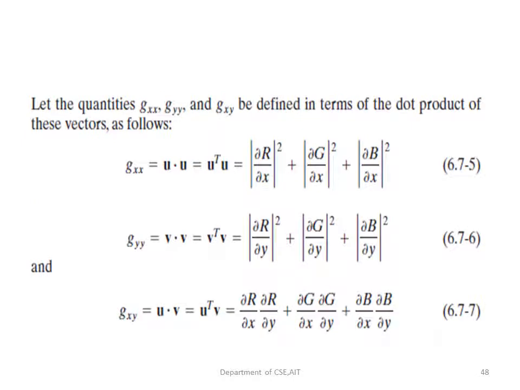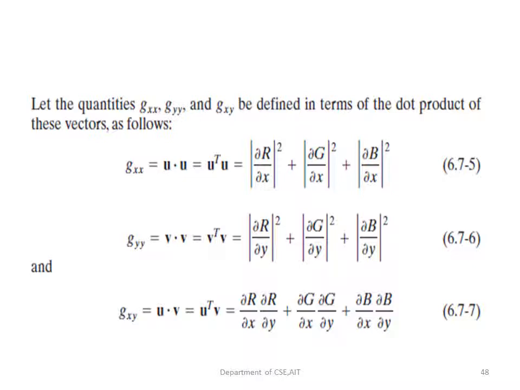Let the quantities gxx, gyy and gxy be defined in terms of the dot product of these vectors. So gxx is given by u·u, gyy is given by v·v, and gxy is given by u·v. We can see that u·u can also be written as u transpose u, which is given in terms of the partial derivatives of r, g, b squared with respect to x.